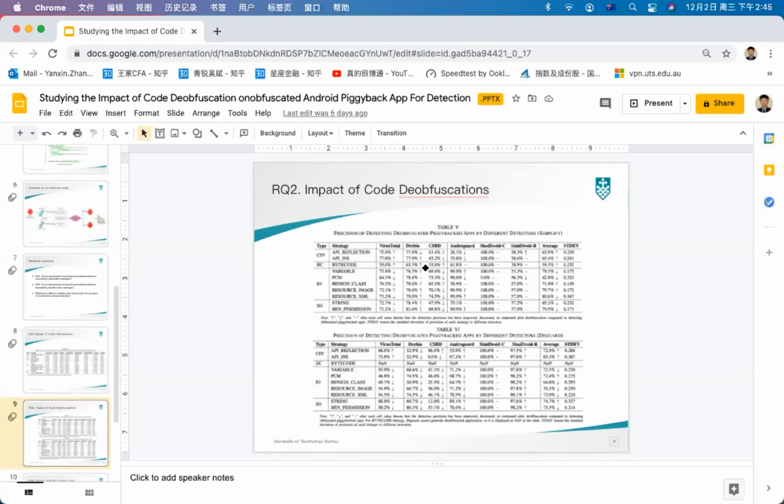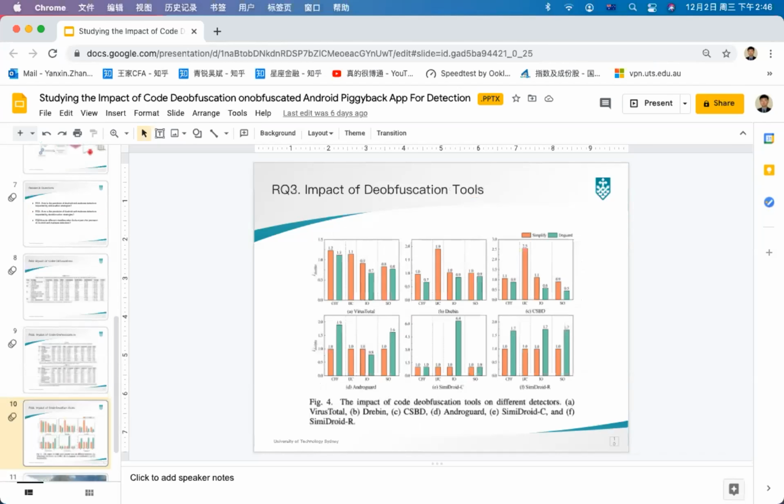So the conclusion is that de-obfuscation does not help detection for all obfuscated malware. Some will, but some not. We have detailed findings, and if people are interested, they can have a look.